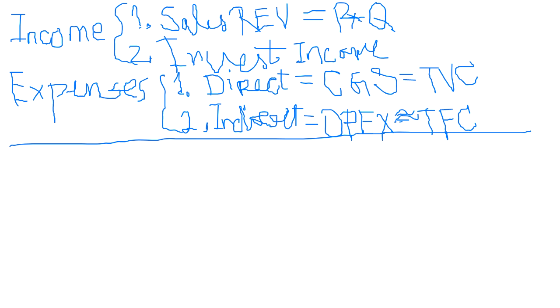Price is a per unit concept. CGS is not a per unit concept. It is an aggregate concept. In cost of goods sold, goods is already in plural. So if you sold 10 units, it's $3,000. If you sold 100 units, it's $30,000.